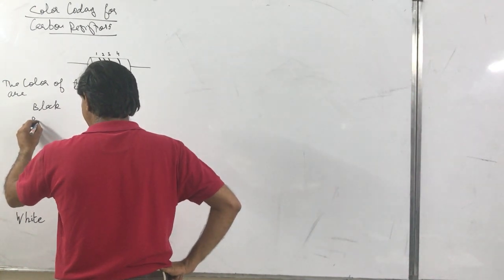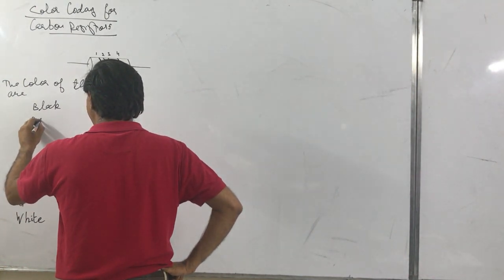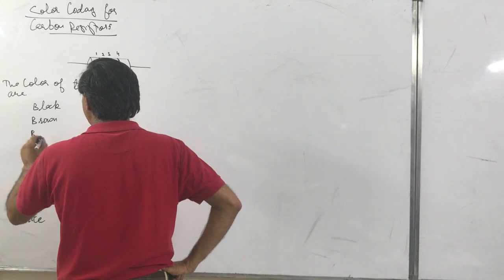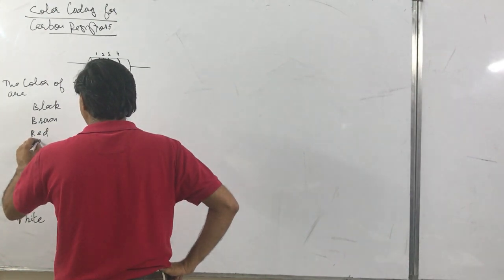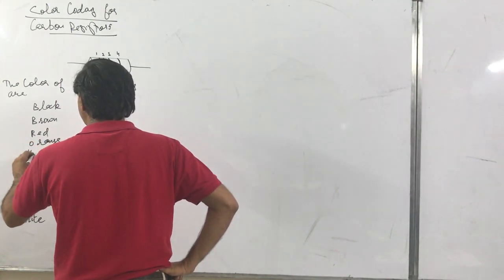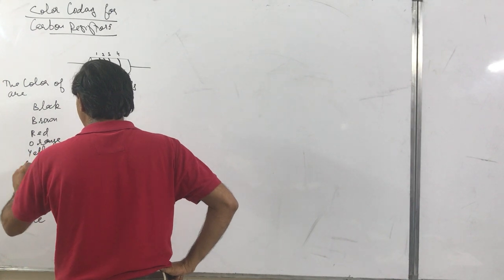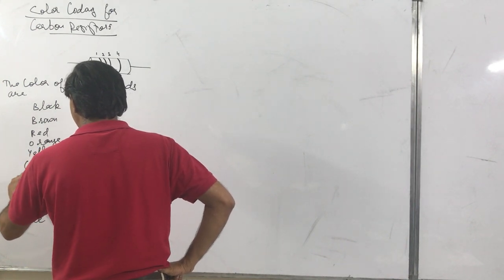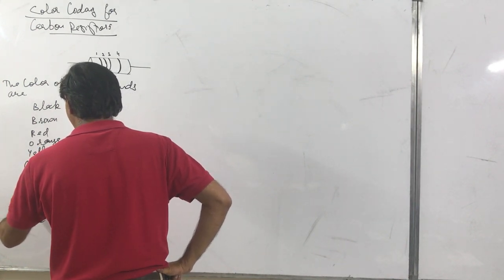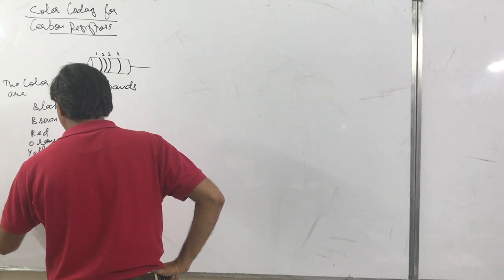Black के साथ हमारे पास है यहाँ पे ये brown, this is red, this is orange, this is yellow, this is green, this is blue, this is violet.